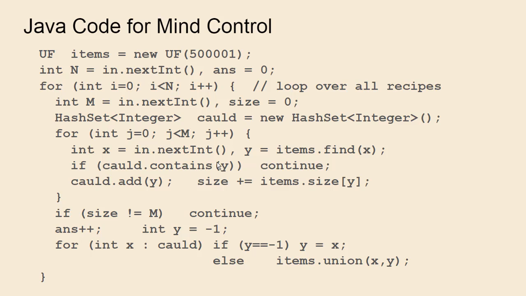If it contains it, that means we have already counted that quadrant, so we can ignore that. If it doesn't, then we add that Y value into the set of quadrants, and at the same time we increment the size by the size of the group for Y. This is in the UnionFind class, and the size array stores the size of each distinct subset.